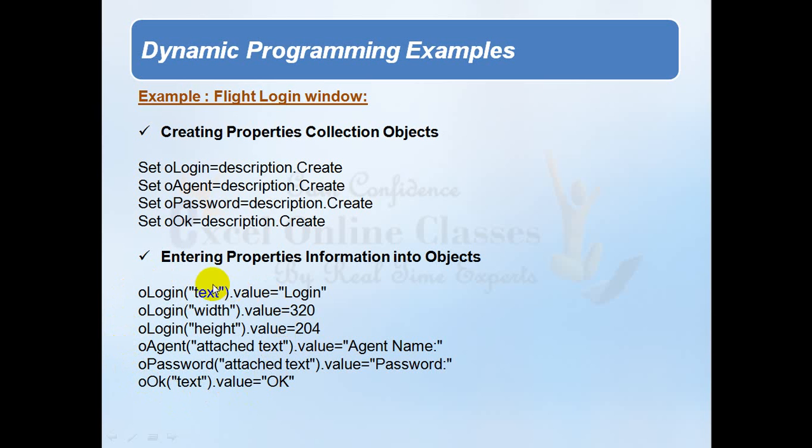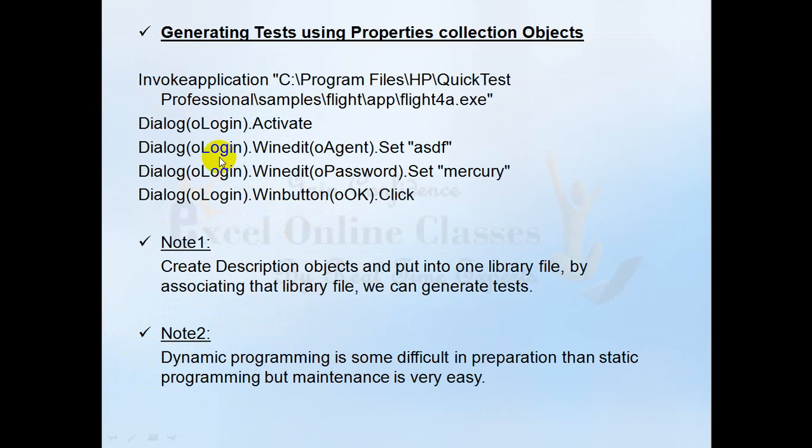I have added the property names, text, width, height, attached text, and I have assigned some values, login 320, 204, all these things. Later I have used all these created objects in the test script and then executed it. It will give the same result.